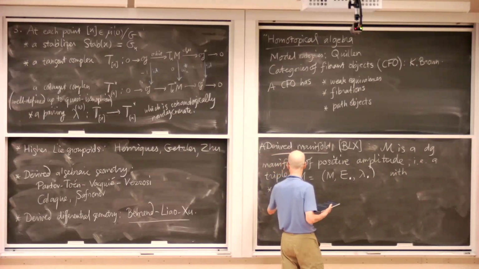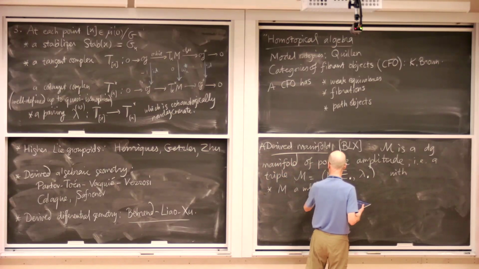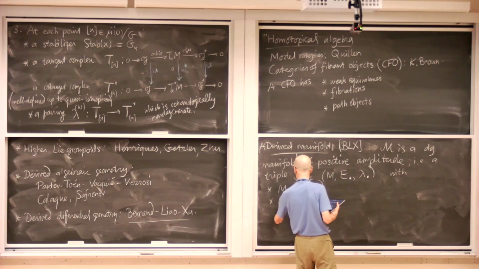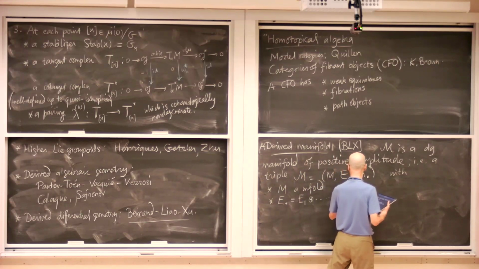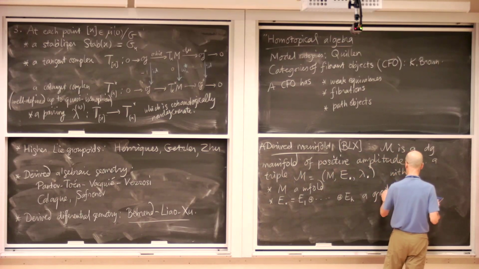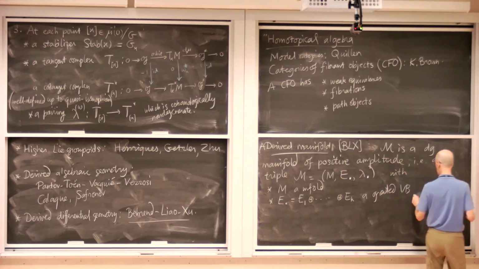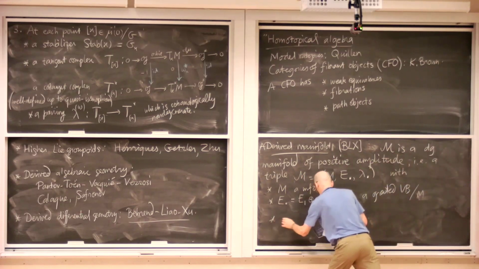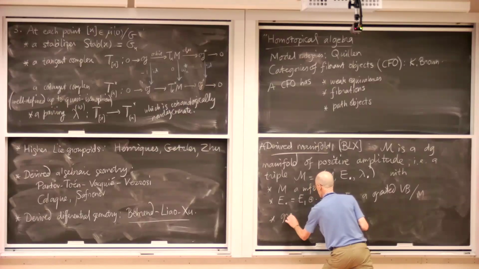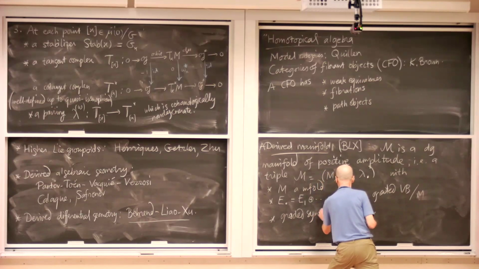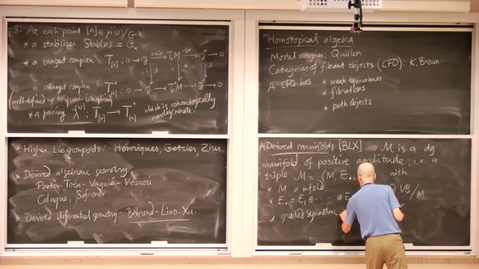So M is a manifold, and E is a graded vector bundle over M, and some operations, graded symmetric multilinear operations.